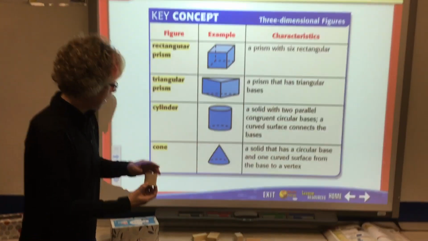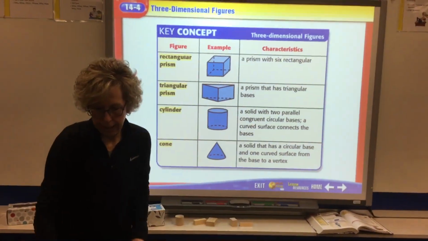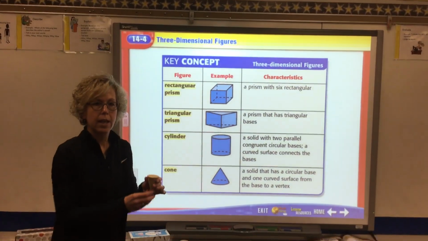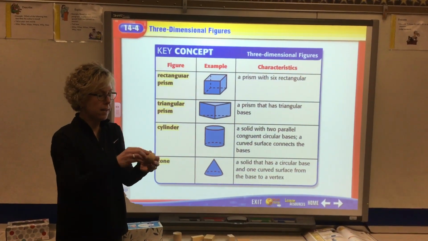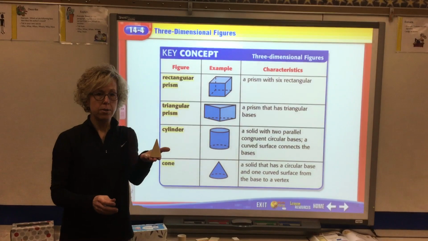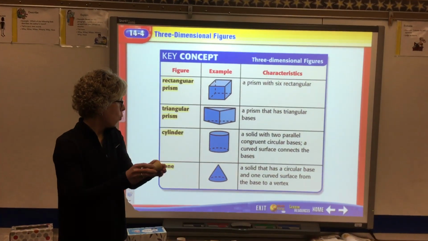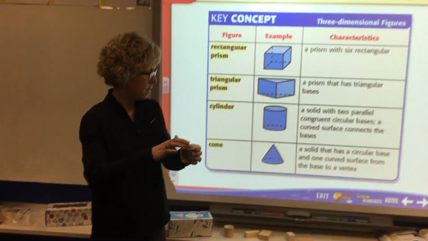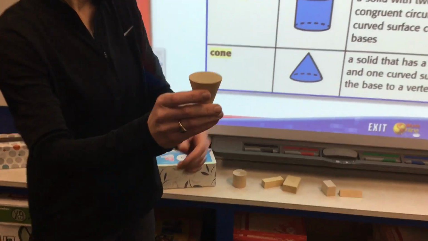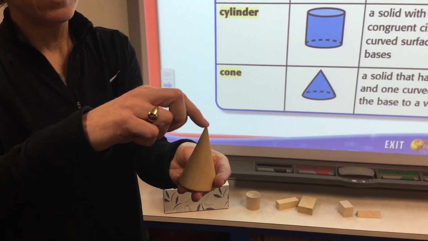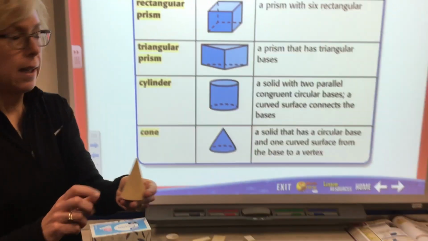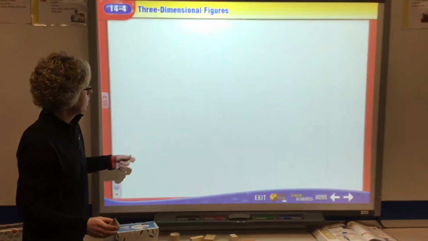And then my favorite, because I like ice cream, is going to be your cone. Just think of the cone shape as like your ice cream cone. You have one curved surface right here, and then you have one vertex, that point at the top. That is your cone.